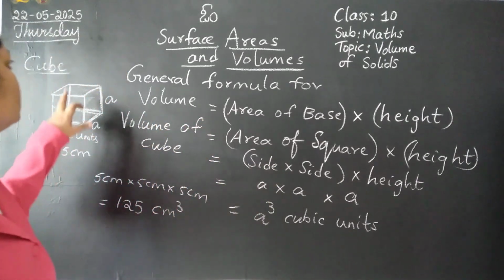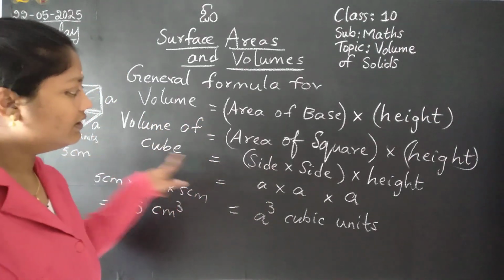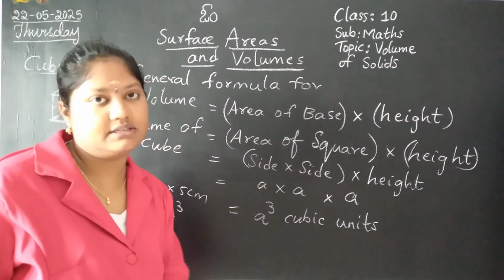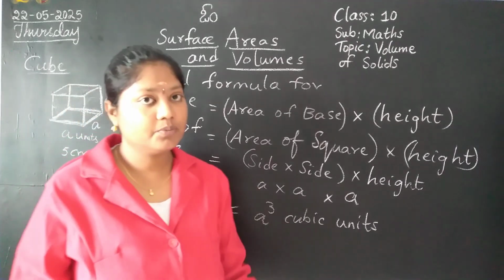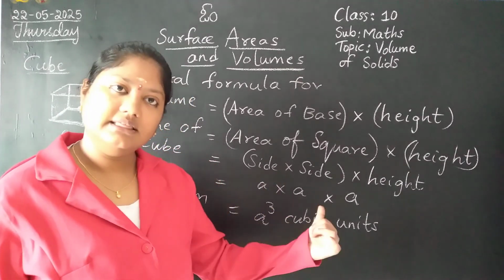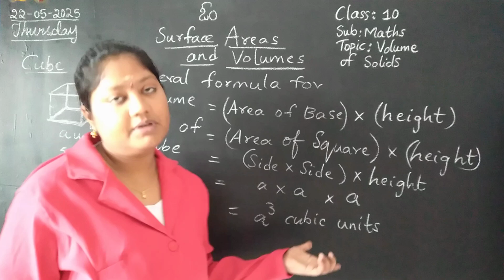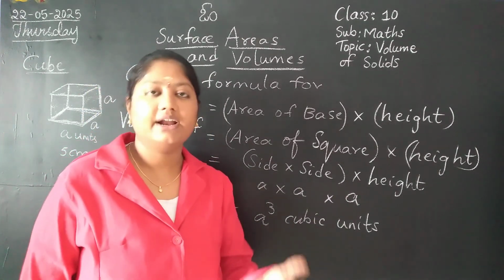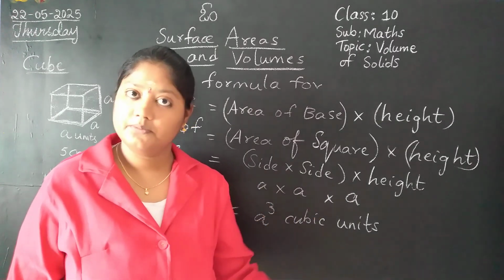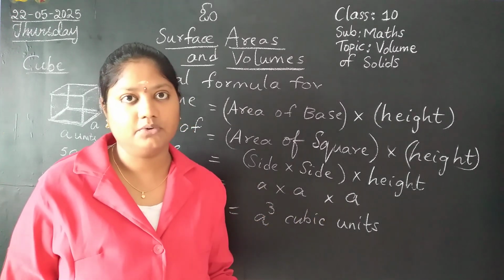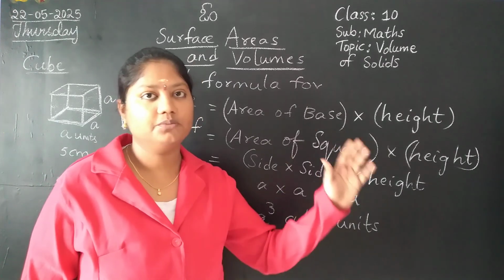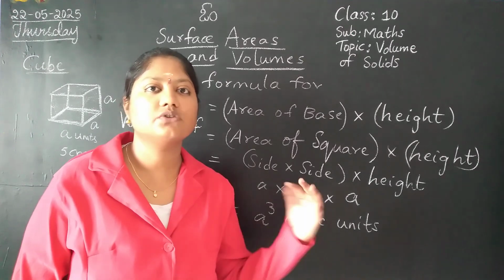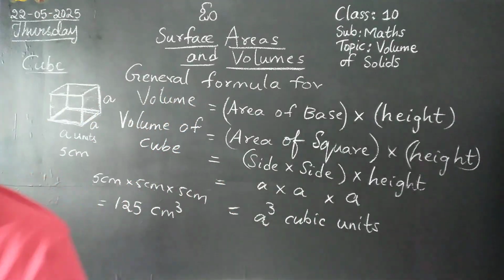Here the base of this cube is a square, so we get a into a into a, a cube units. In the same way, if we take a cuboid, what is the area of the base? The cuboid has a rectangular base. So l into b is the area of the base of a cuboid, into height. l into b into h. Like that we find the volumes of the solid shapes. Thank you.